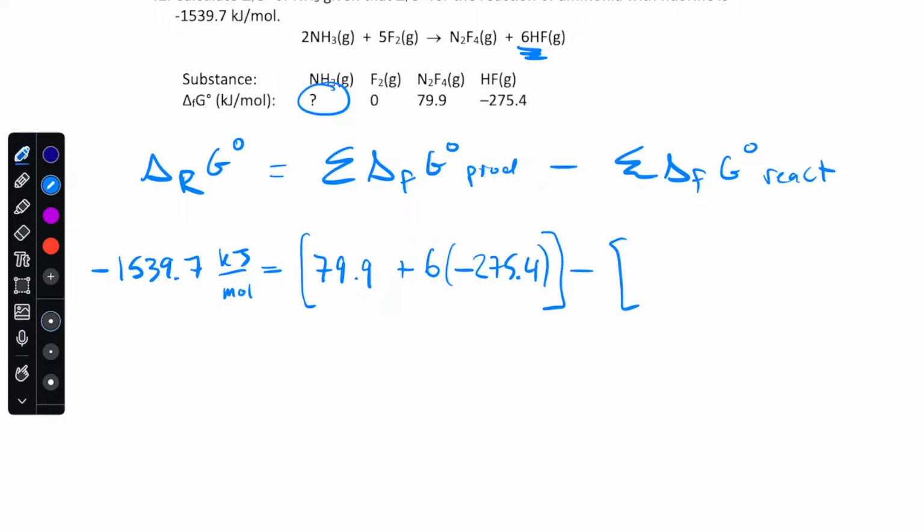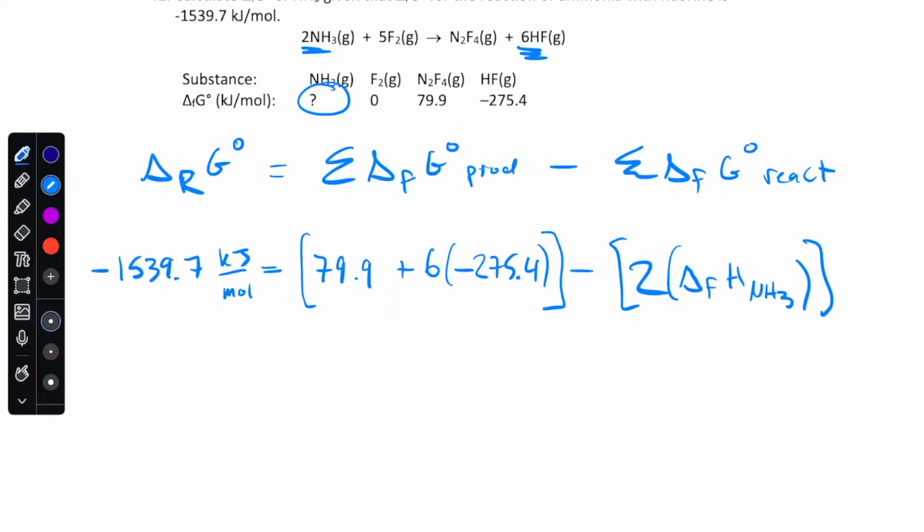Now we have the reactants. There we have NH3, which is our unknown. So I'm going to call that delta F H NH3. And that's going to be times 2 because there's 2 of them up there. F2 gets a 0 because it's a pure element in its standard state.